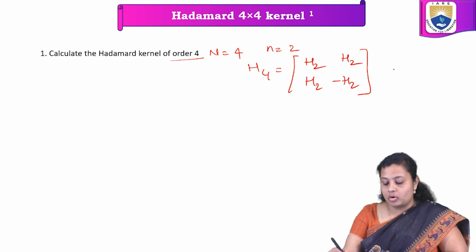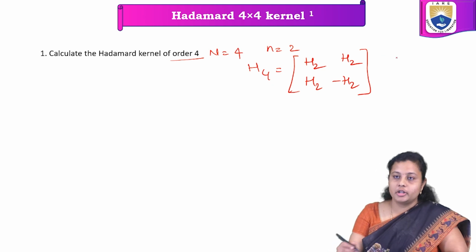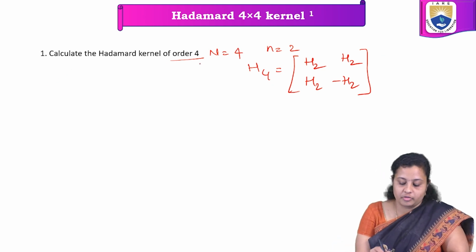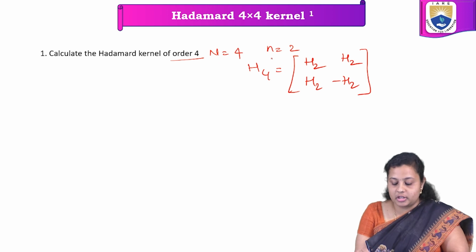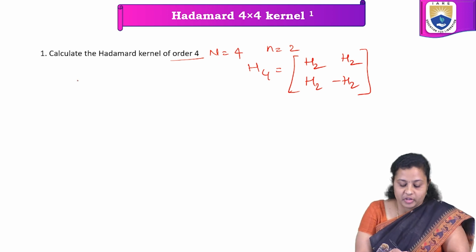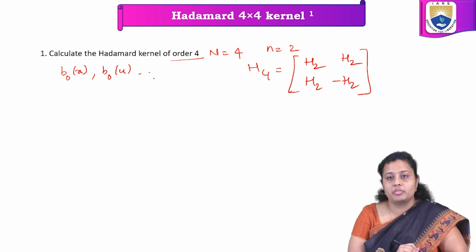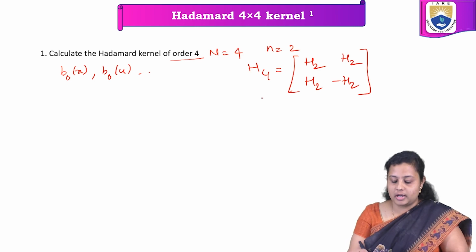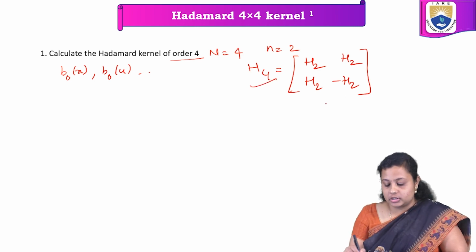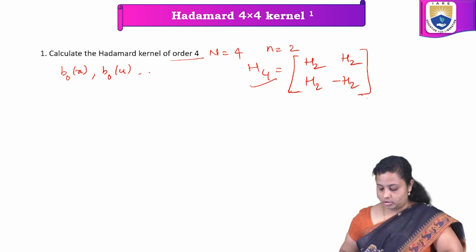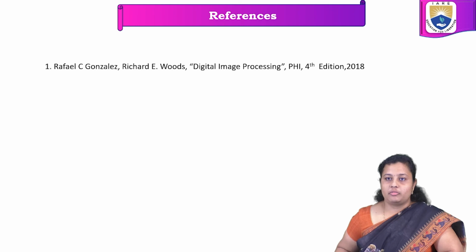Or we can continue the traditional method with capital N equal to 4, and then find out the kernel for different combinations of x and u, and we can calculate our H4, which can be recursively found from H2 as shown here. So this would be the end of my lecture today.